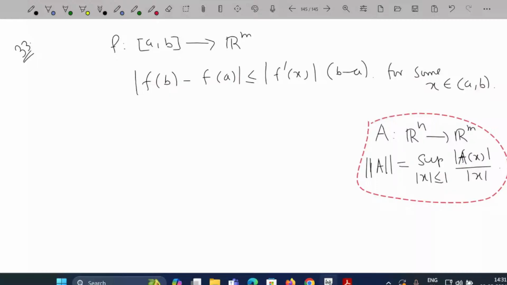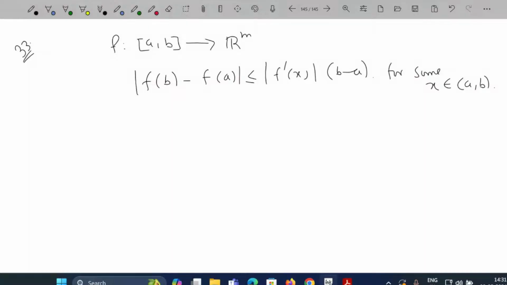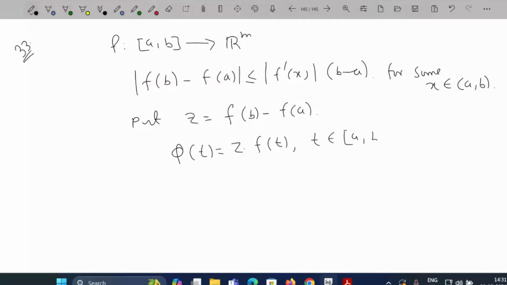Okay, so what I said: put z equals f of b minus f of a. Fine. And define a function phi of t as z dot f of t, for t belonging to [a, b]. If you use the last two exercises, then phi of t is continuous on the closed and bounded interval [a, b], and the derivative of phi exists on the open interval (a, b).